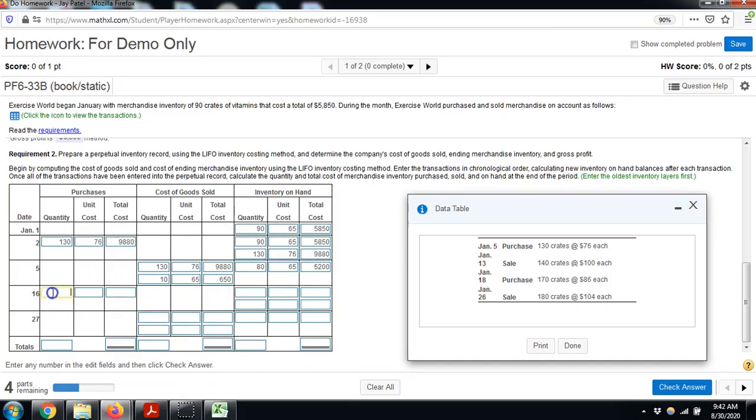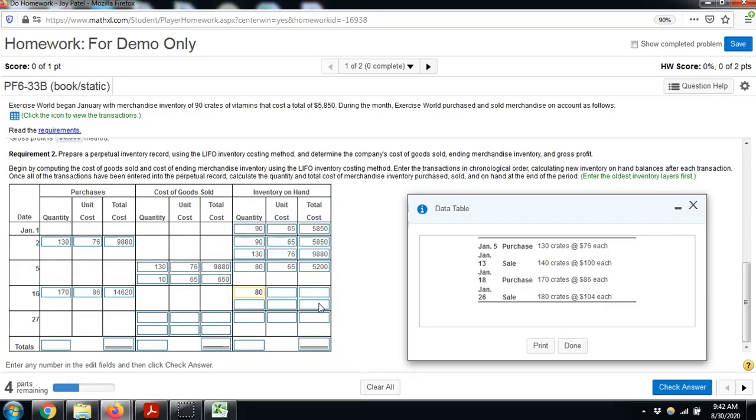Okay. So again, the purchase transaction is the same as above in FIFO. And now we have this 80. Okay. And so now this next sales transaction, we're selling 180.